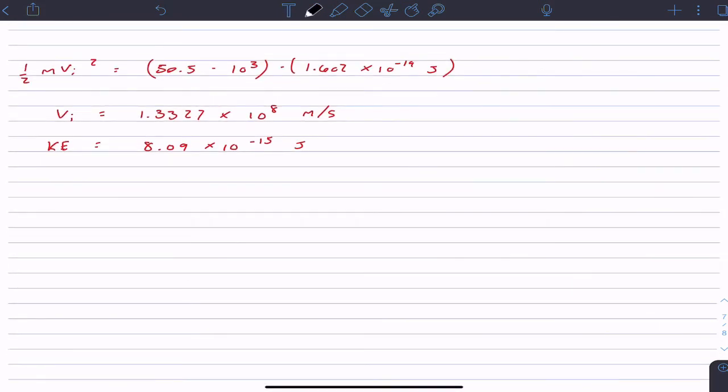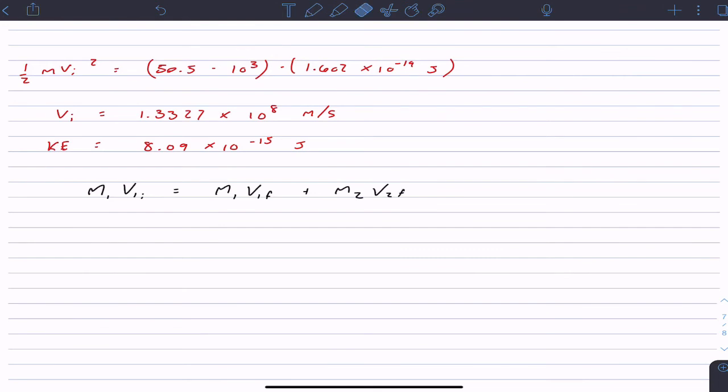So now we can use conservation of momentum and conservation of energy as usual. We have the mass of electron 1 times initial velocity equal to mass 1 times velocity 1 final plus mass 2 times velocity 2 final.